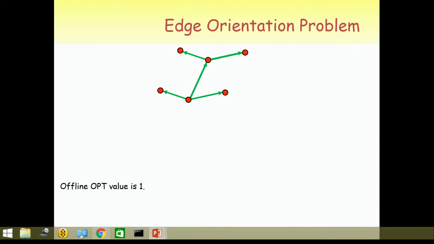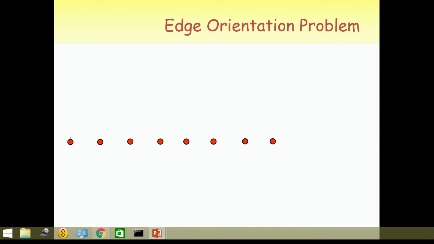If you think of the setting when the underlying graph is a tree, then I claim that you can get optimum 1, because you can just look at a root and orient everything away from it. But even in this very simple case of edge orientation with the underlying graph being a tree, one can show that the best an online algorithm can do is log n. Why? Let's say these are the nodes in the graph, and suppose some edge arrives and you orient it in some manner.